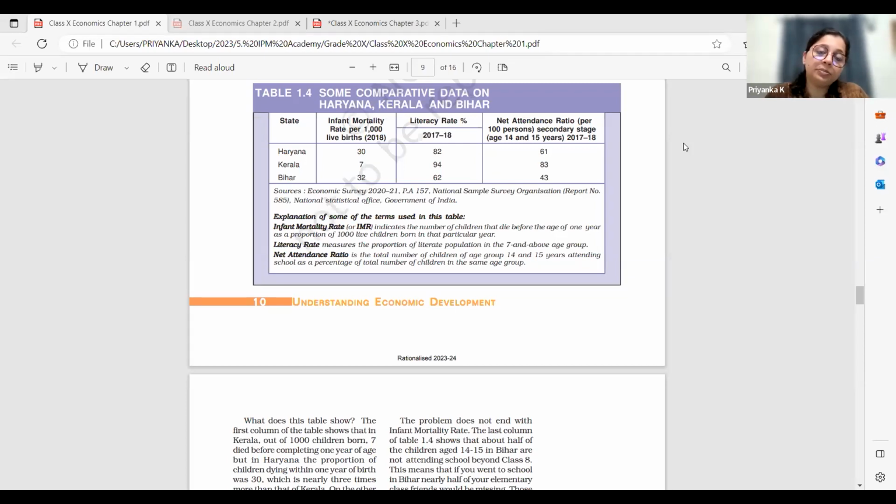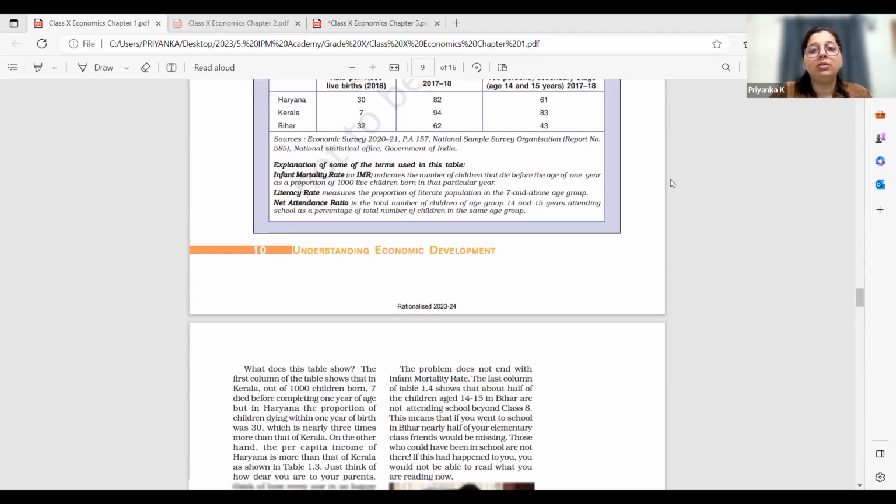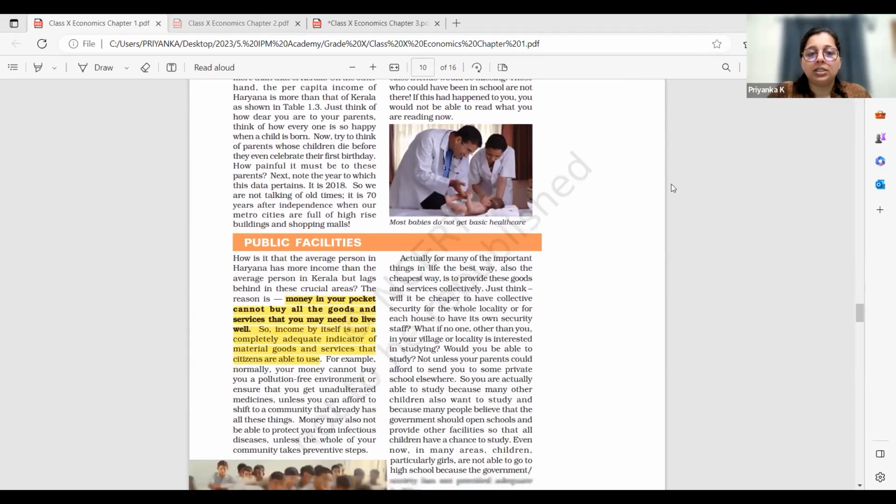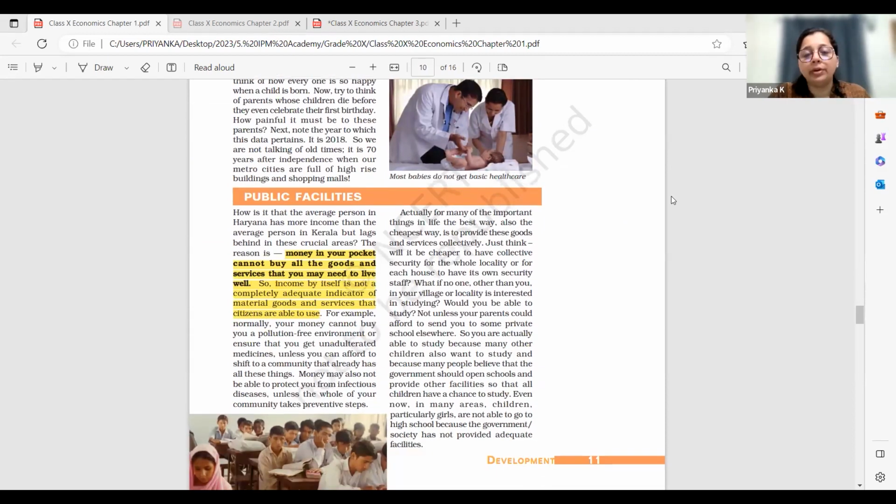So all these aspects would also determine the net attendance ratio, and that is where public facilities provided by the government play a vital role in the developmental goals of a society. The most important public facilities that every government should focus on are the health and education facilities that it provides to its citizens.